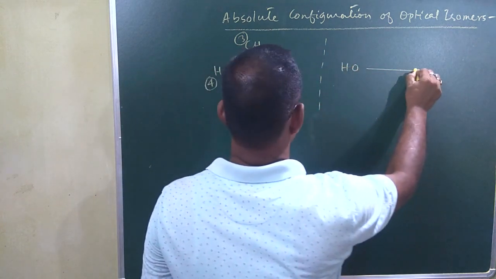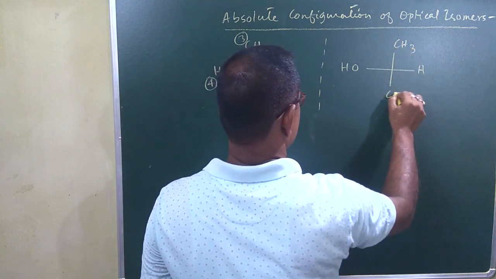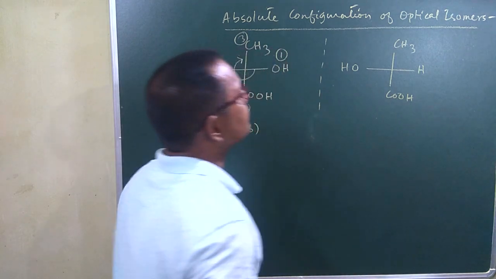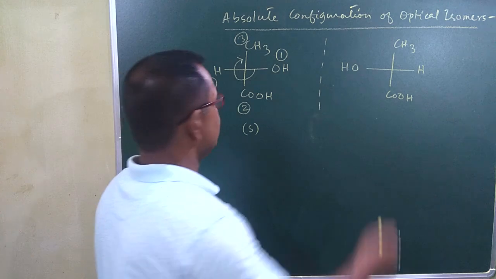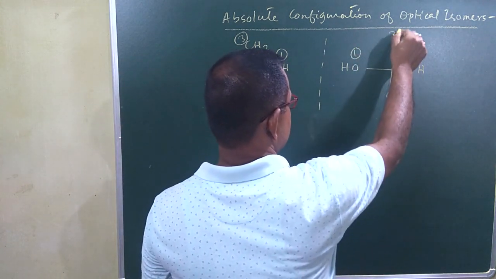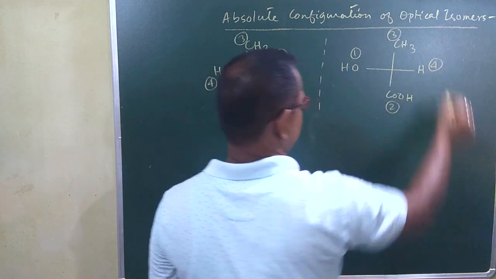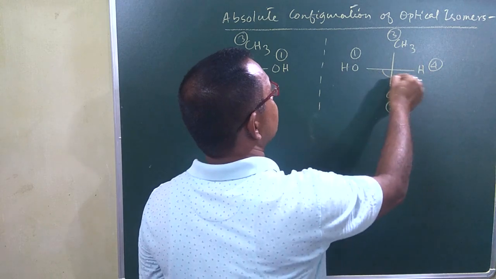The mirror image of this will be this one, right? Means these are the two enantiomers of lactic acid. This is priority 1, this is 2, this is 3, hydrogen 4. See 1, 2, 3.